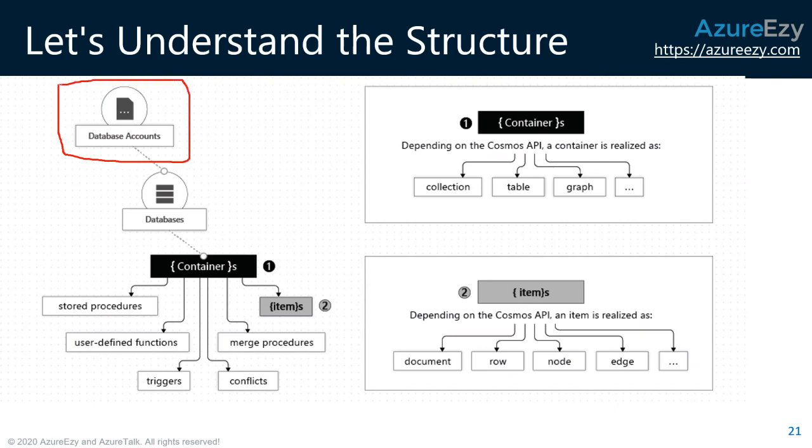Whenever you go in the Azure portal and you try to create the Cosmos DB, the first thing you create is the account. And when you are creating the account at the top level, you have to decide the kind of API you need: SQL, Mongo, table, because inside the account you would have only a single API working. If you need a different kind of API, you have to create another account.